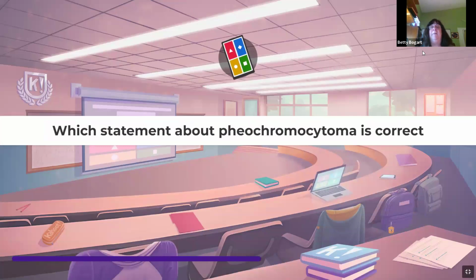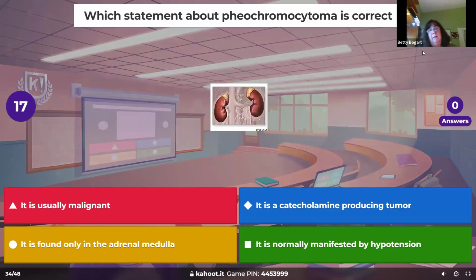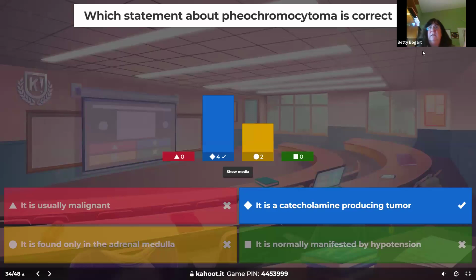What statement about a pheochromocytoma is correct? This is one of those tumors that you can't touch, like a Wilms tumor, but not because it is cancerous, but because it's a sympathetic type of organ. And if you touch it, it releases adrenaline and epinephrine, and the body responds, elevated heart rate, elevated blood pressure.